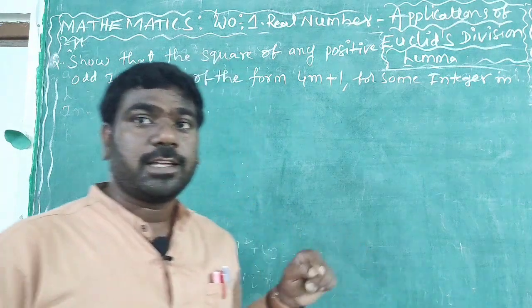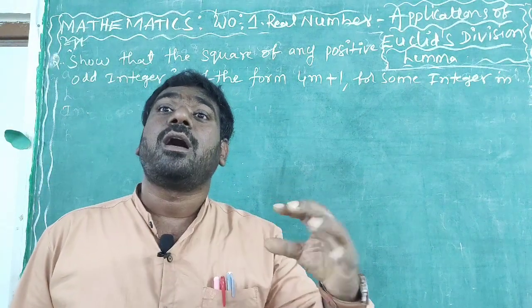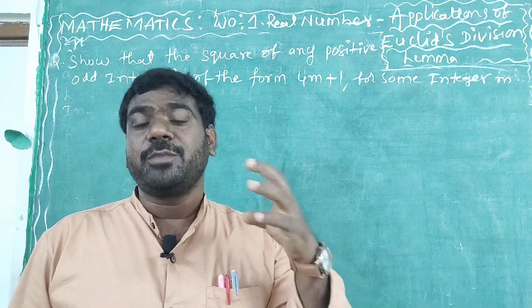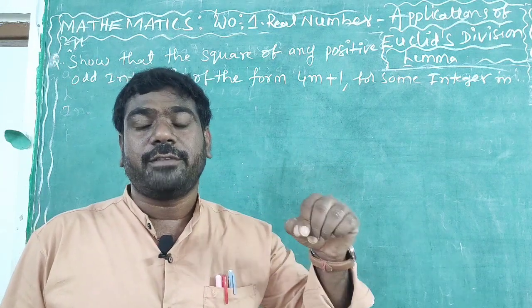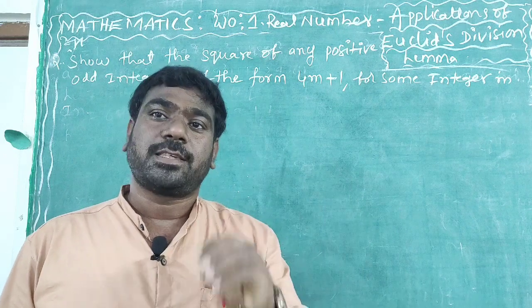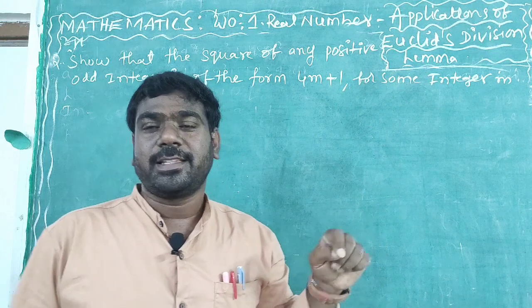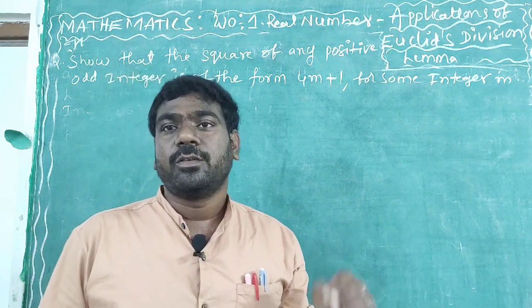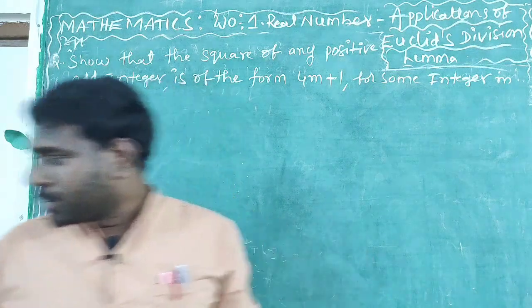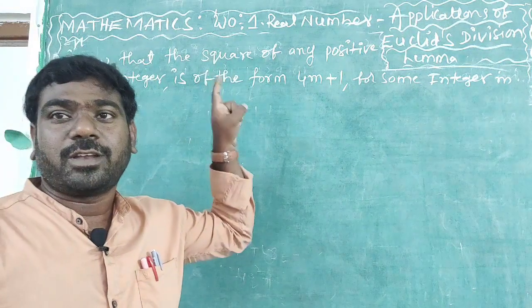What is given here? Any positive odd integer. The form should be 4m plus 1 for some integer m, where m may be any value. This question we can prove by using Euclid division lemma.